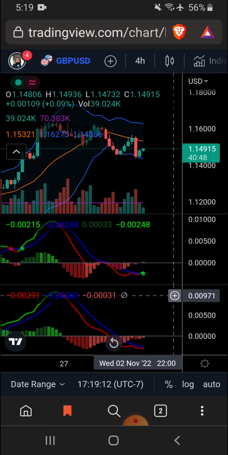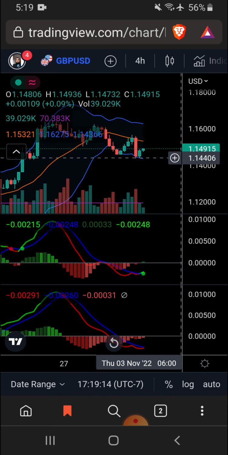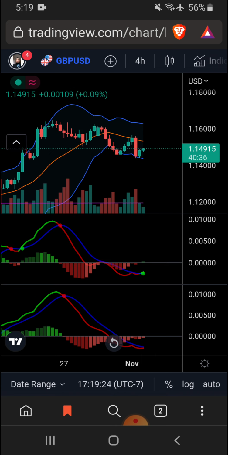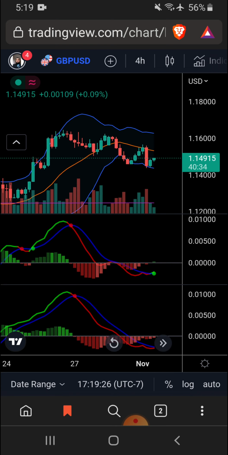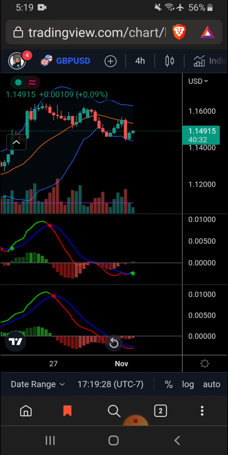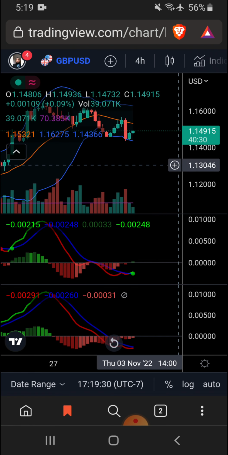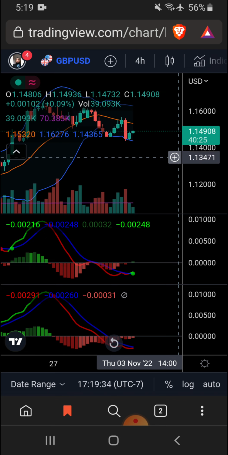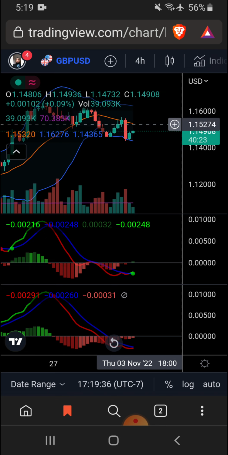I'm still deciding whether it should be a recross down or a touch of the bottom channel again. I'm thinking a recross down. We'll have to see. Again, it's still in the works, so I'll update you guys. Not using volume currently, but volume is starting to pick up, as you can see. I think in the next candle we could see the pound come up a little bit higher.